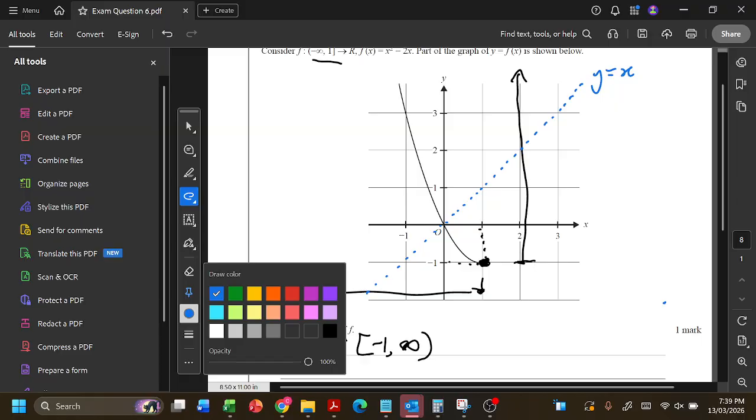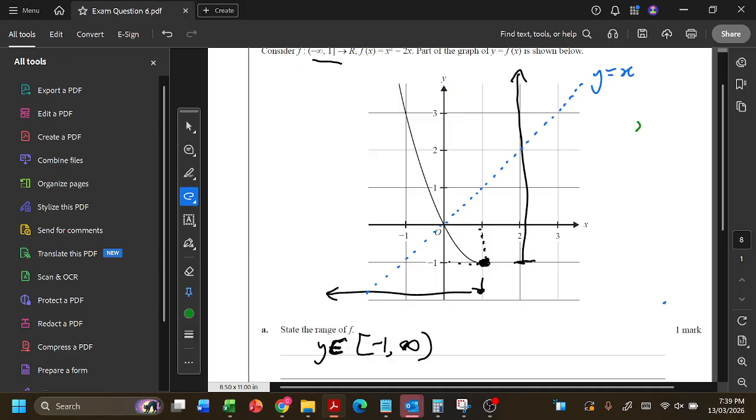And what we do when we take the inverse is it's like we're swapping x and y with each other. So the x-axis is going to become the y-axis, and the y-axis is going to become the x-axis. It's the same as taking this graph f of x and reflecting it in the line y equals x to give us the inverse function, f inverse of x.